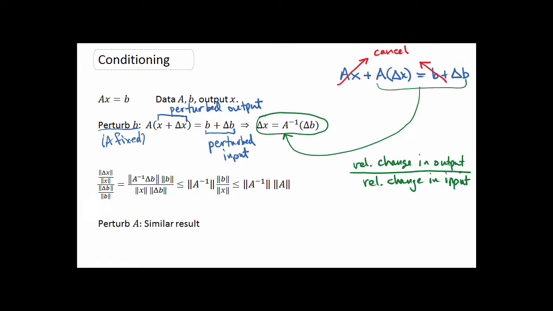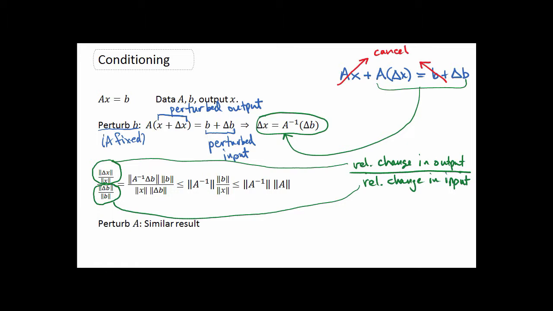The change in the output is delta X, and the original output was X. So in the numerator we have delta X over X, but we want to know the size of these things, so we take norms. It wouldn't make sense to divide the vectors themselves. What we're doing is taking the relative change as measured by the norms. Similarly, the input was B, and the change in the input was delta B, so that gives us the norm of delta B divided by the norm of B.